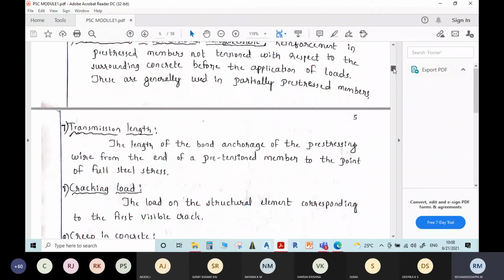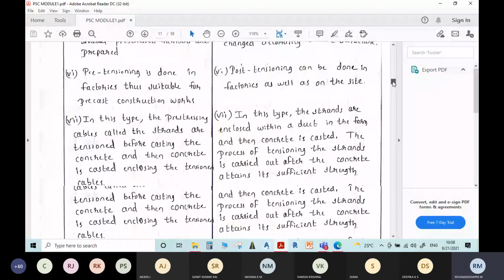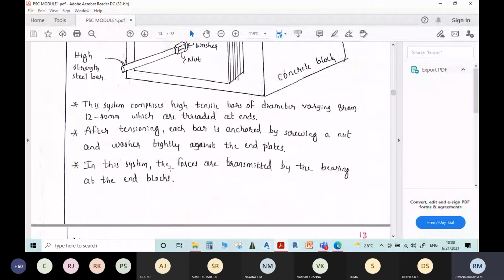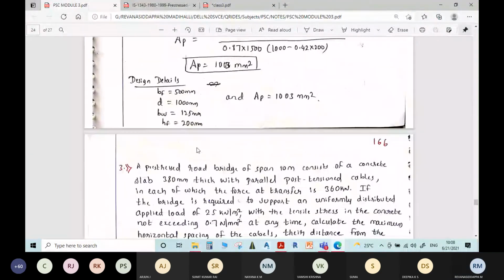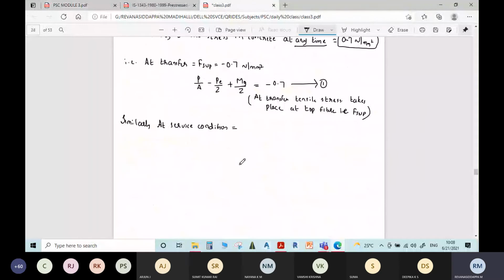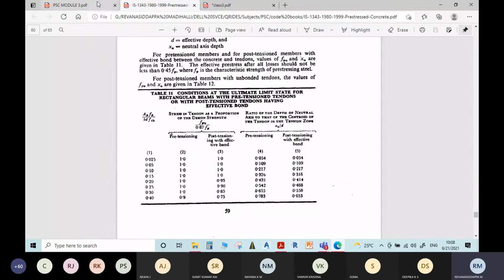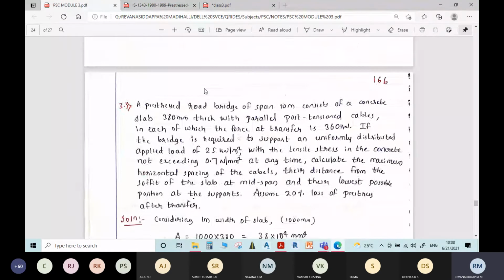Tensile stress will take place at the bottom fiber when you apply the live load. Therefore the formula will be F inferior is equal to minus 0.7 Newton per mm square. So what will be the F inferior value, meaning resultant stress at the bottom fiber?